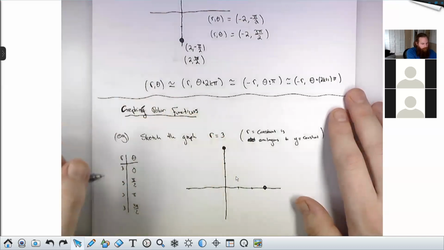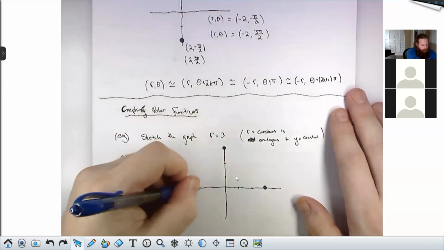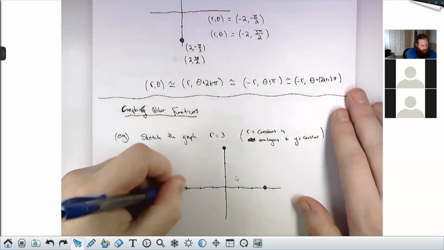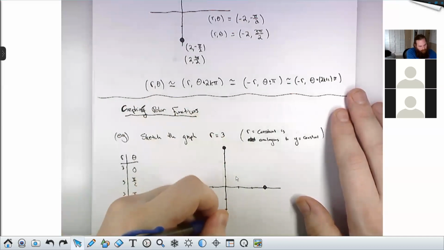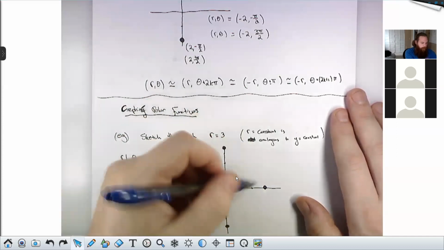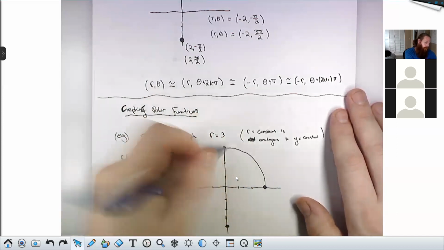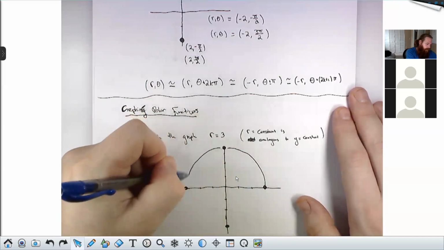Here's 3 comma pi over 2. Here's 3 comma pi. Here's 3 comma 3 pi over 2. Yeah, it's just a circle.